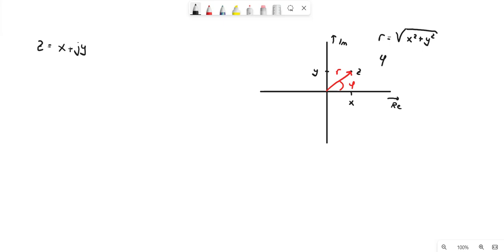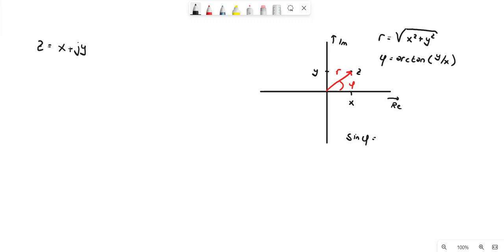And phi is equal to the arctangent of y over x. So it's arctangent or tangent inverse of y over x, because the tangent of phi is y over x. We can also define the sine of phi.